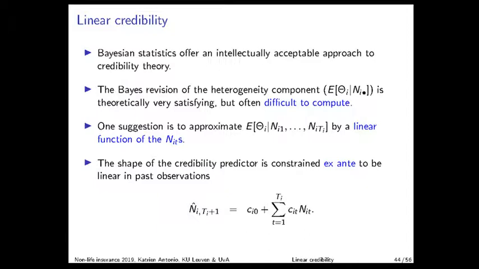We introduce the intercept c_i0 and the coefficients c_it to write the predictor as a linear combination of the N_it's. Note that the topic of the linear credibility predictor has received a lot of attention in older work on credibility theory. We visit this approach in this video within the framework of the Poisson credibility model.